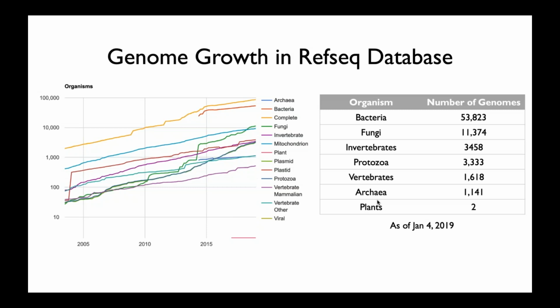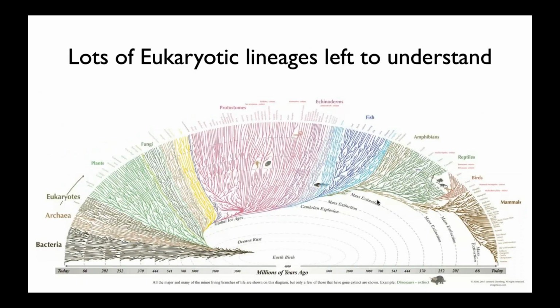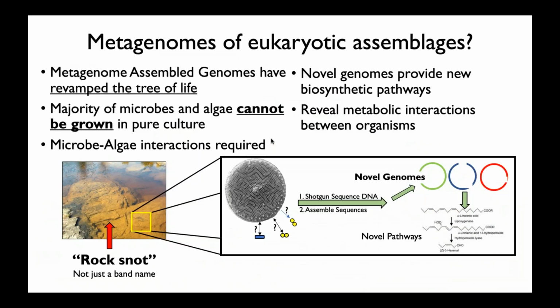If we think about the evolution of eukaryotes, they came about in about the middle part of Earth's history, but we see all of these lineages here, and a lot of lineages that don't have any genome references, all right?